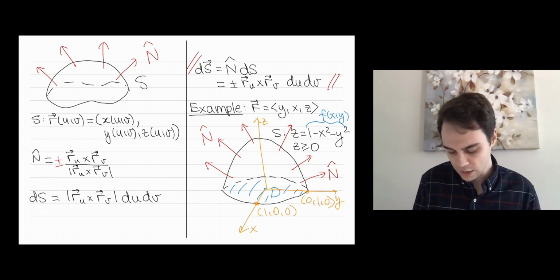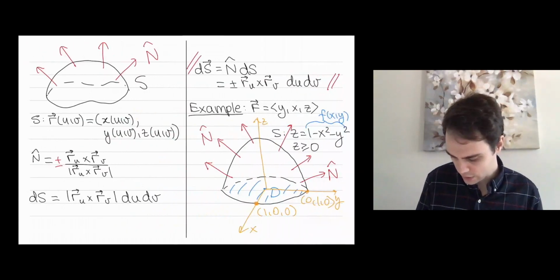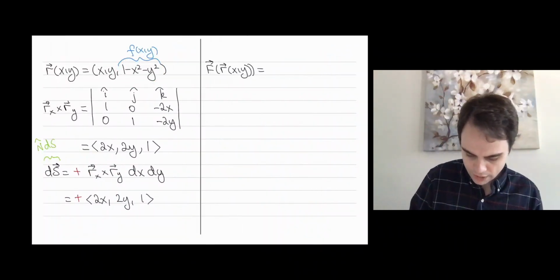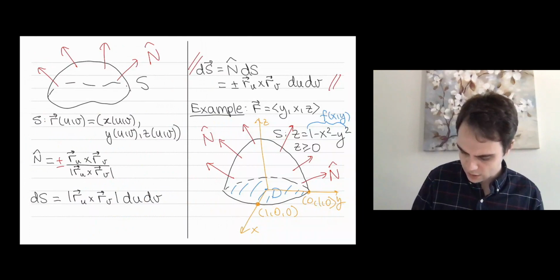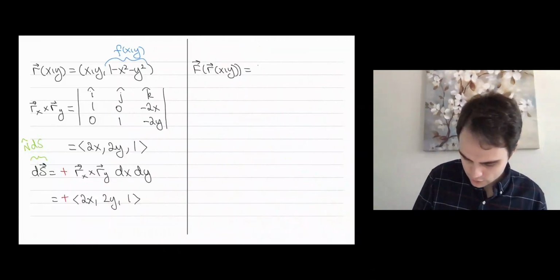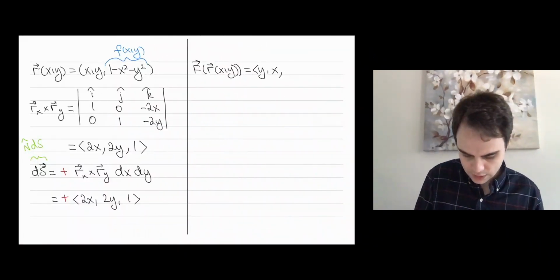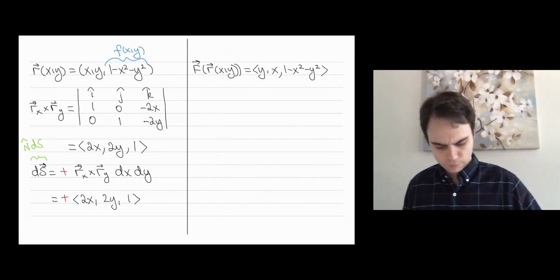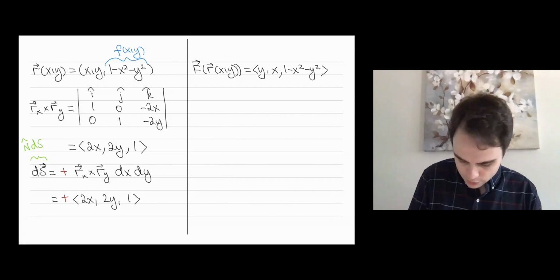So I get y, x, and then z, but z on the surface I wrote over here is this. So that's y, x, and then 1 minus x squared minus y squared. Okay, so we're ready to compute the flux.